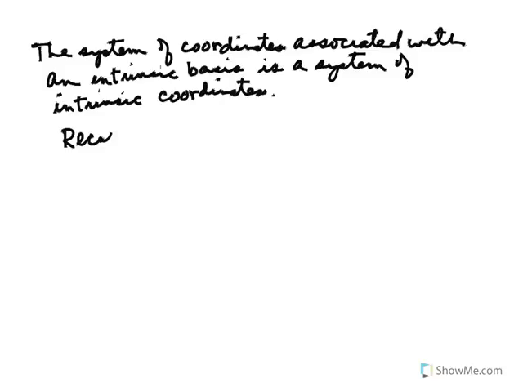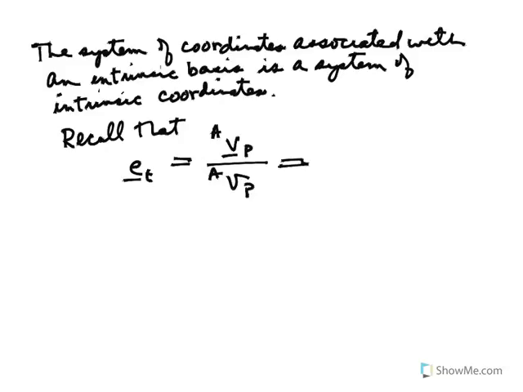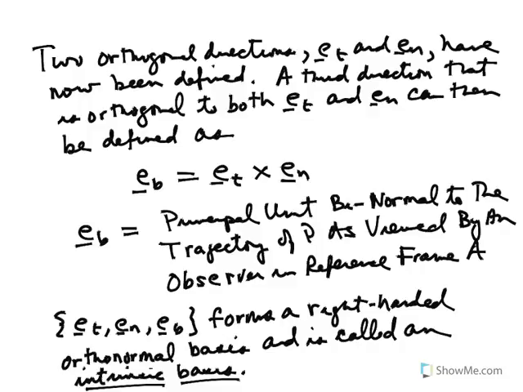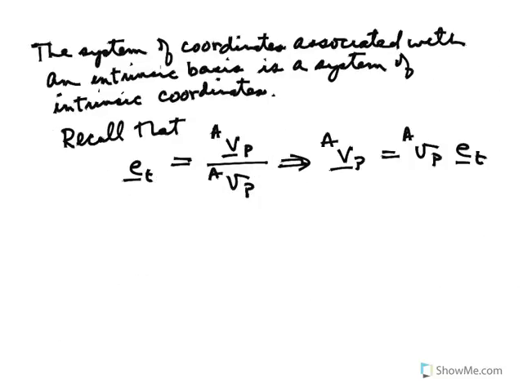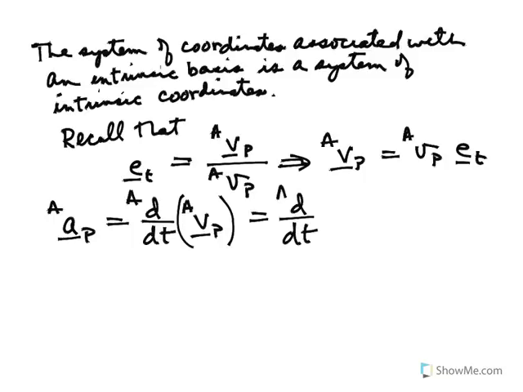So recall that the tangent vector was defined as the velocity of the point P in reference frame A divided by the speed in reference frame A. From that, we can write that the velocity of P in A is equal to the speed of P in A times the tangent vector.